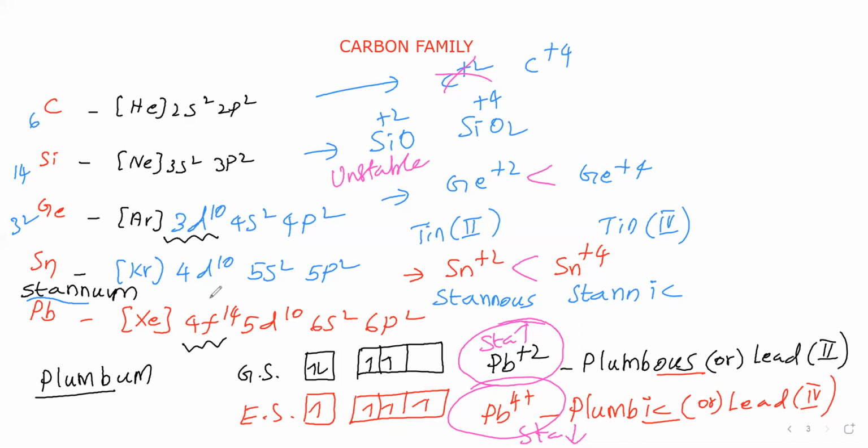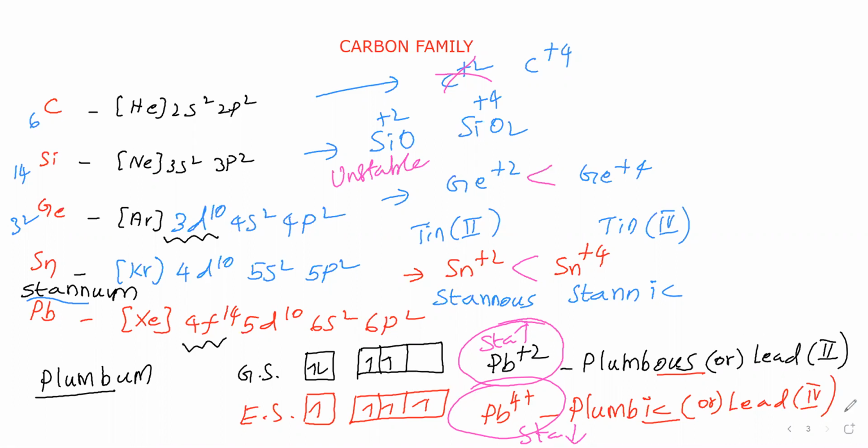Because of this poor screening, the nucleus shows higher attraction with 6s, so the nucleus is not allowing the 6s electrons to unpair. Therefore, +4 stability is less when compared to +2 stability.